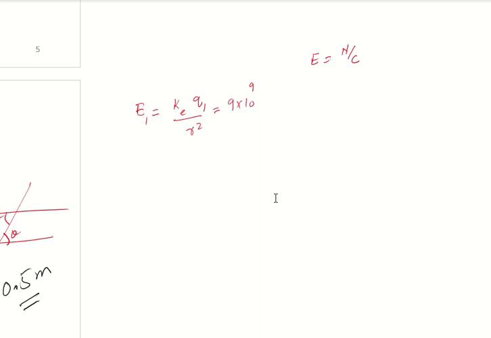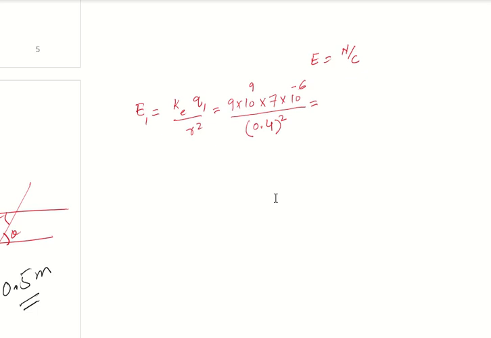For charge, we have Q1 equal to 7 microcoulombs, if you read the statement of the question. So that would be 7 into 10 raised to the power minus 6 coulombs. You just change the micro to coulombs, and then we have a distance of 0.4, squared.